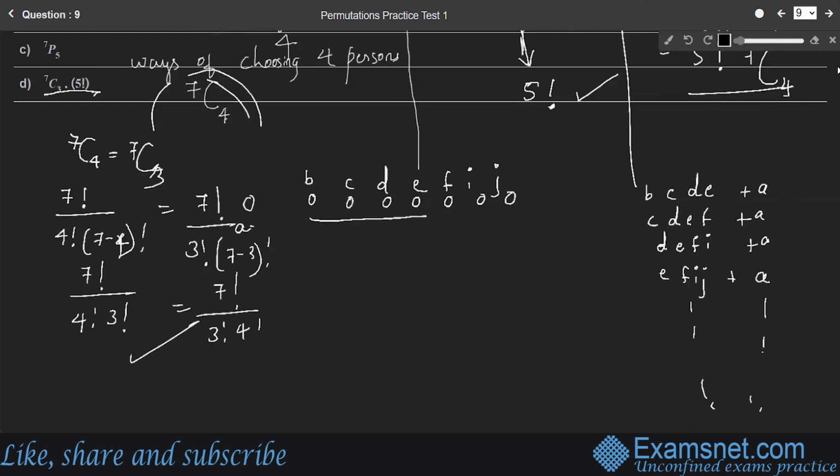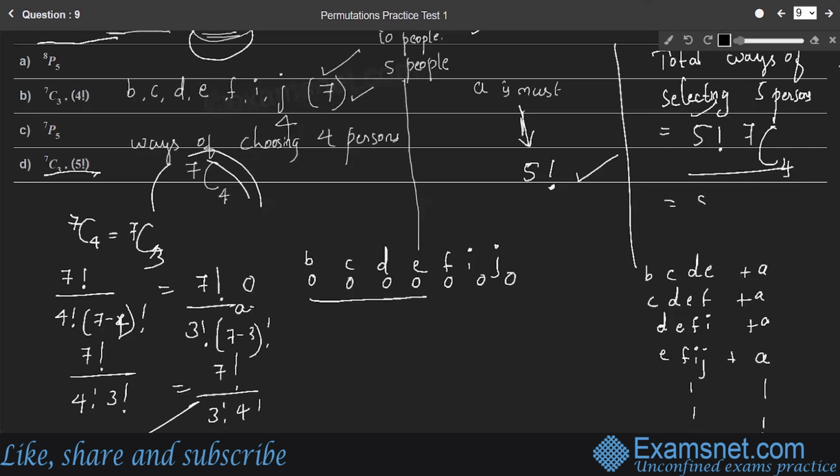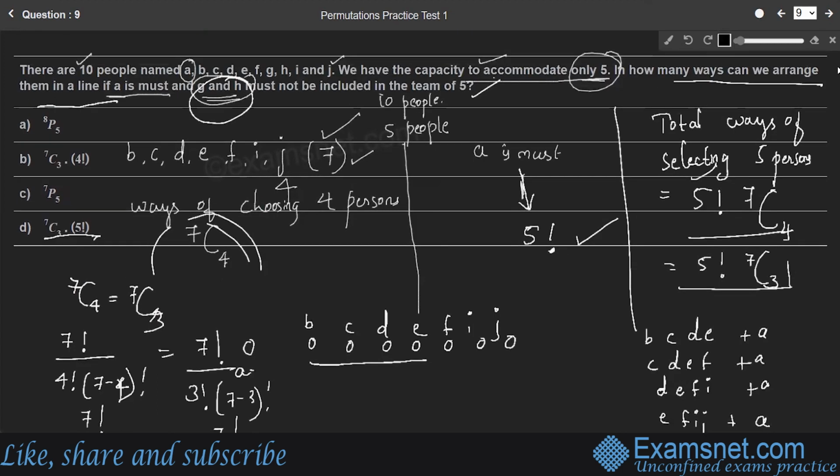Both are the same. Therefore, in place of 7C4, can we write 7C3? Yes, both are the same. Therefore, in 5 factorial into 7C3 ways, 5 persons can be arranged in a line. Therefore, option D is the right answer.